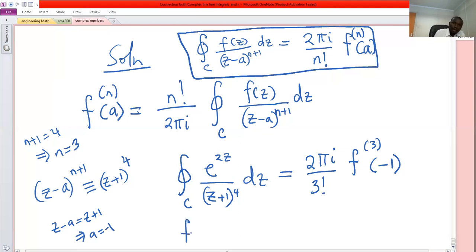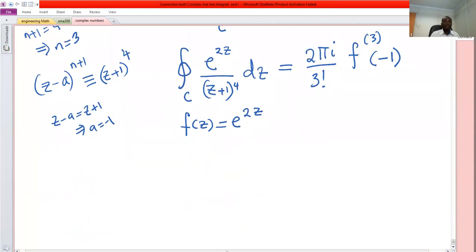Since our f of z is given by e raised power 2z, then we are supposed to find the derivative of this function up to the third order, which is not very hard to do. So the first derivative, using chain rule, differentiating the power, we have 2 e raised power 2z.